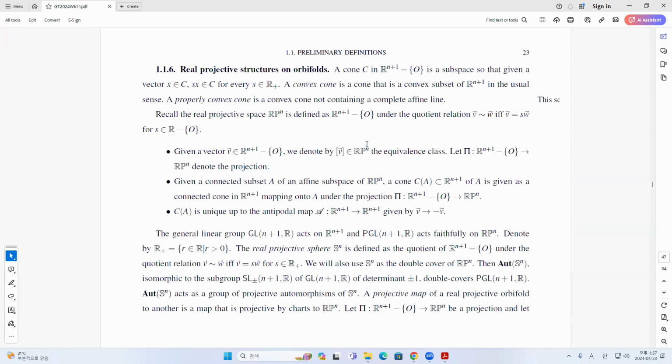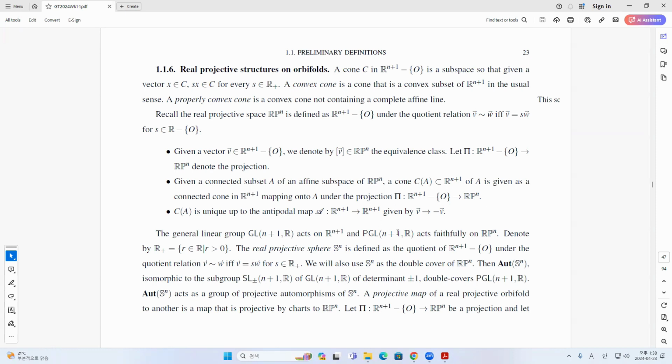And for the real projective structure, we want to study these cones, and the vector B is the equivalence class, and pi denotes the projection, and so on. I think this should go to the beginning, but it was repeated because I moved things around so many times.